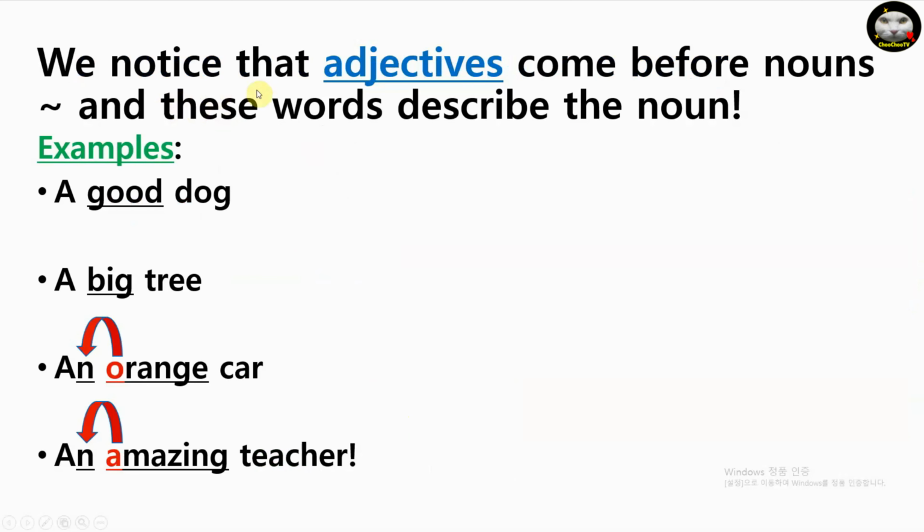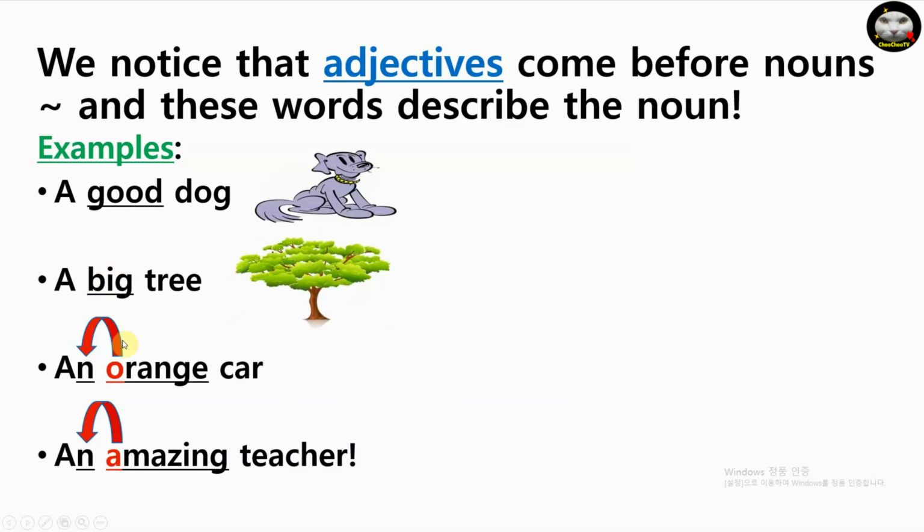We notice that adjectives come before nouns, and these words describe the noun. For example, a good dog, a big tree, an orange car, an amazing teacher.